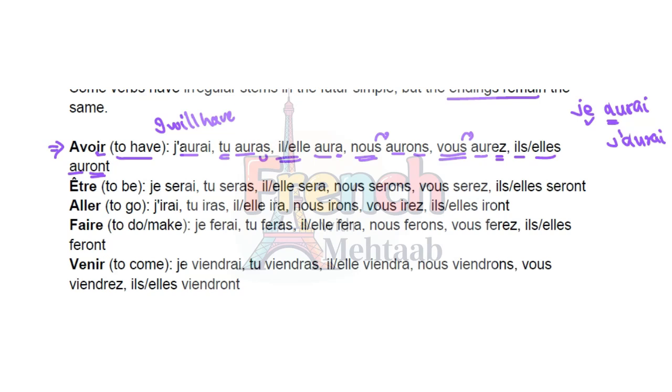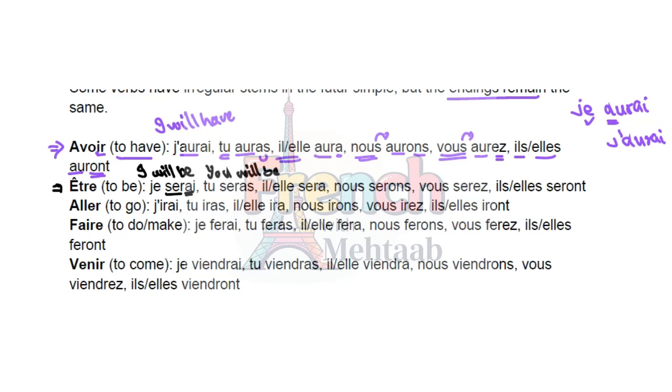In a similar way, the stem for the verb être is ser. Okay, so we are going to add the endings to this stem ser for être. The verb être means to be. So if you want to say I will be, you will be, he will be, she will be, we are going to add the ending to the ser stem.